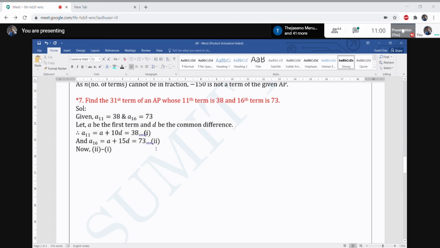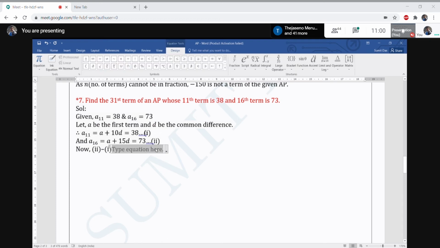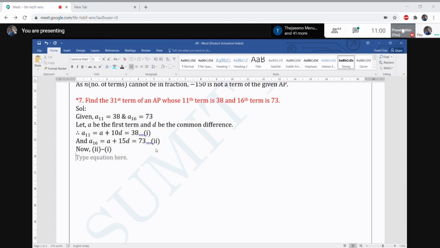So what will I get? a plus 15d minus (a plus 10d) is equal to 73 minus 38.